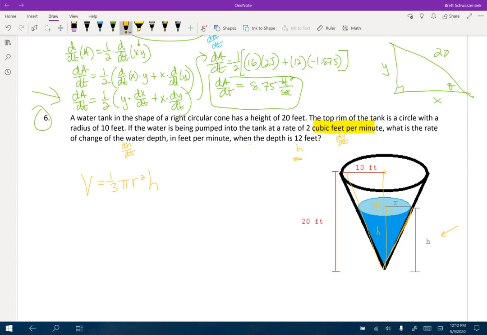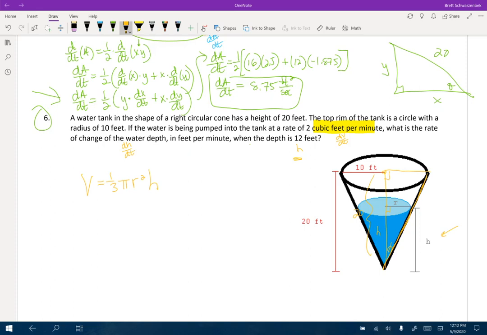Because they are both right triangles and they share this angle, they are called similar triangles, which means that their sides are going to be in proportion.